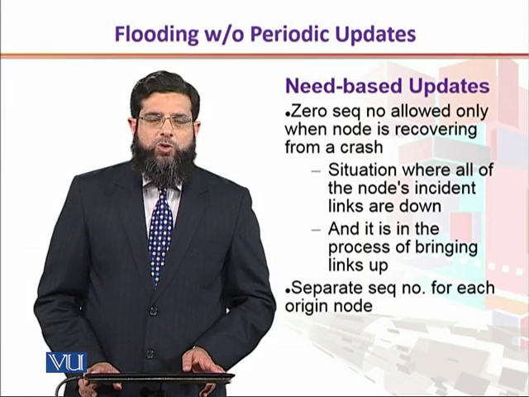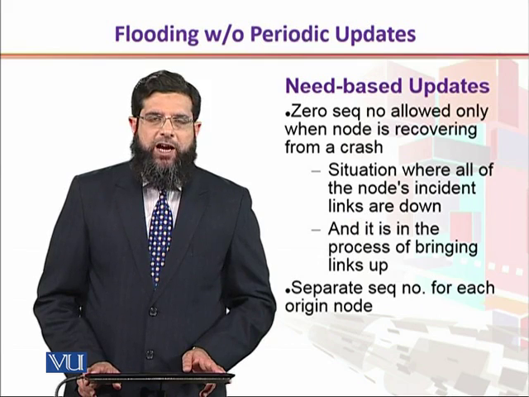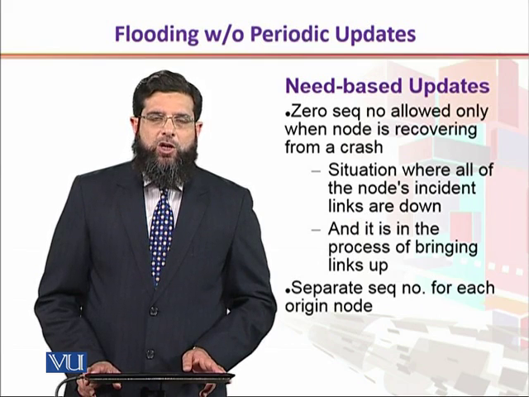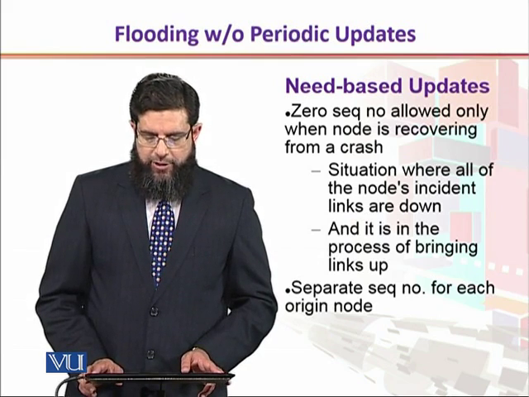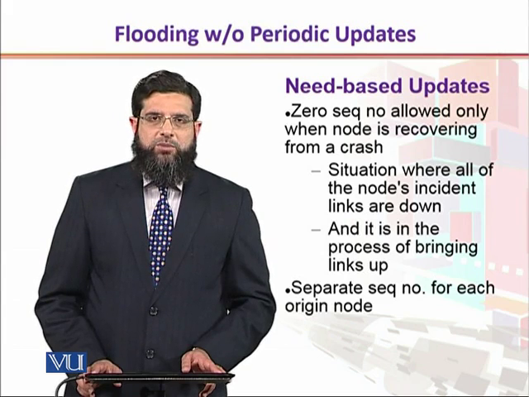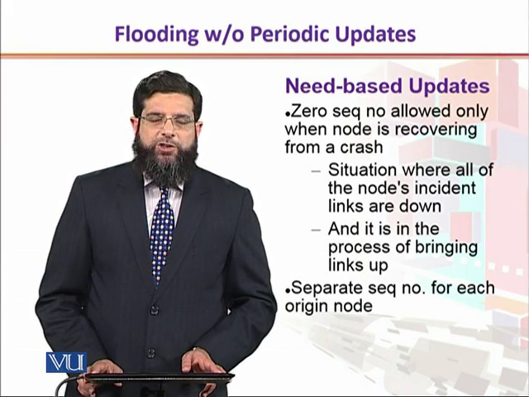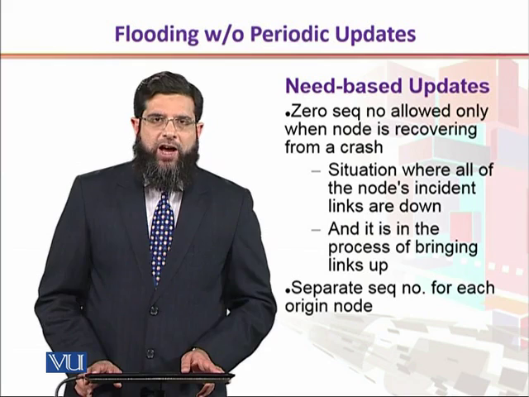What happens to all the updates which took place while the node was undergoing the crash and was recovering from the crash, not in a fully stable state? Well, a zero sequence number is allowed when a node is recovering from a crash. So using a zero sequence number is dedicated to the usage of a crash-recovering node.